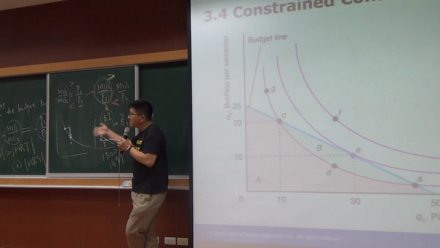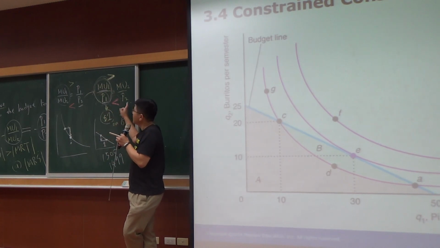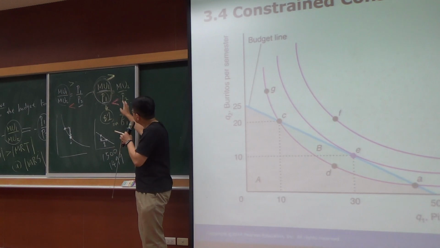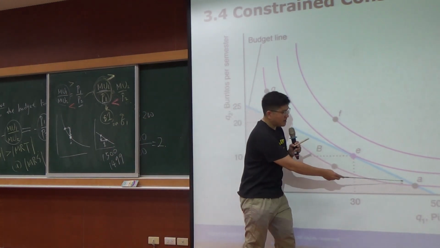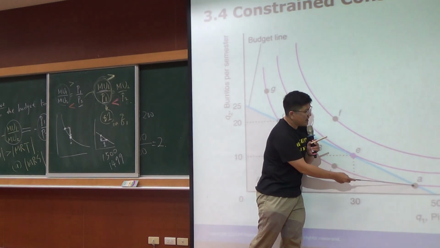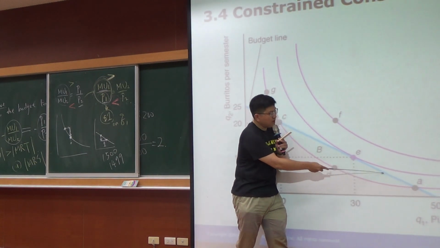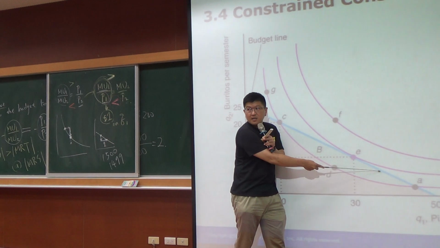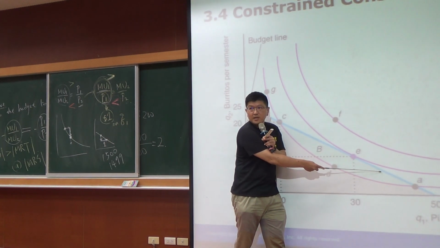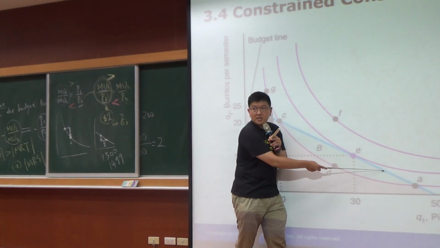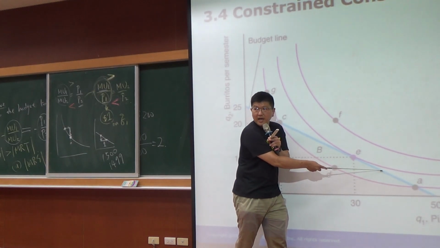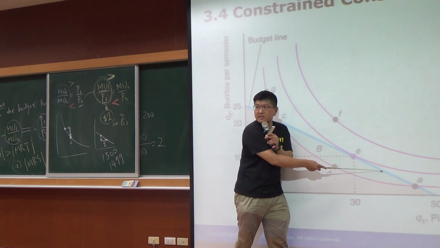We should cut the consumption of good one and switch to good two, right? Switch to the consumption of good two. So for point A, we should move along this direction so that we may be better off, right? And in this direction, which means less good one and more good two. Is that clear?